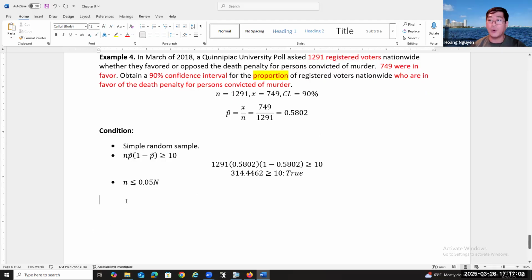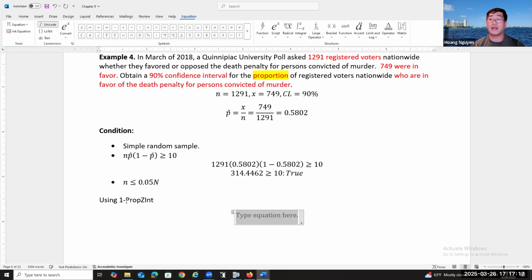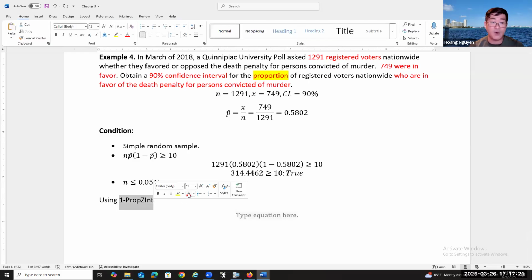Now, for those of you who want to use the shortcut, this is the work that you might need to show. You need to give me the name of the shortcut. So using one prop z interval. Okay, so you're going to show me the name of the function that you use, one proportion z interval. And after you show the name of the function, you have to show me the input that you use.